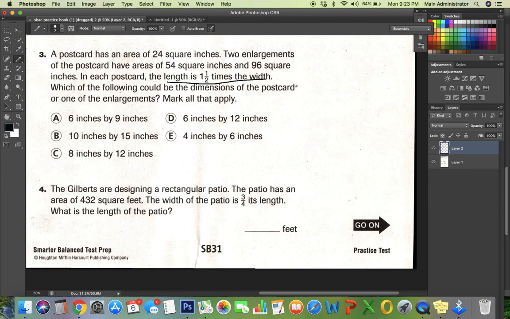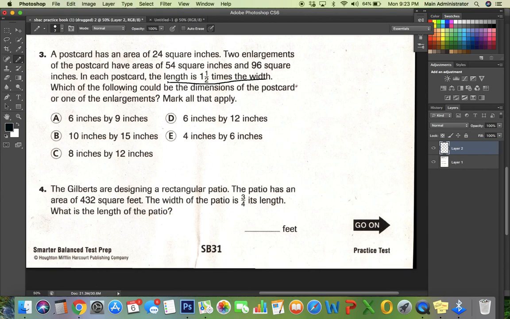Okay, at first when I read this question, I thought I'd have to figure out if these would work to multiply to get that or that or that. But then I realized if all the postcards have a length that is 1/2 times the width, I just have to take the length and multiply it by 1/2 and see if I get the width, right? So let's take a look at the first one.